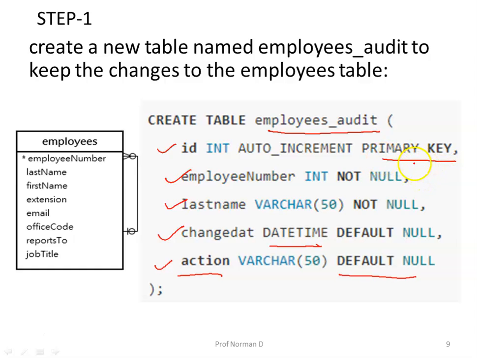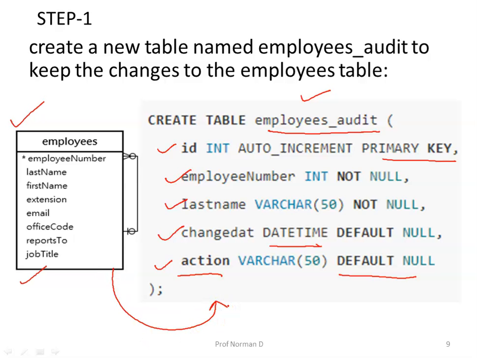Now in our classic models database we already have the employees table, and I have created a new table called employees audit, so that when updation is done to the tuples in the employees table, the state of the tuple before an updation is applied will be stored in the employees audit table.